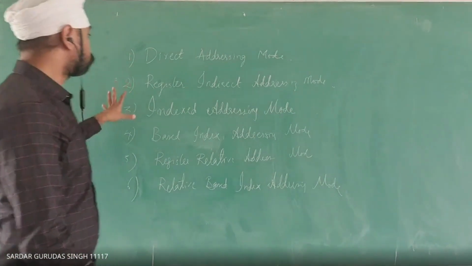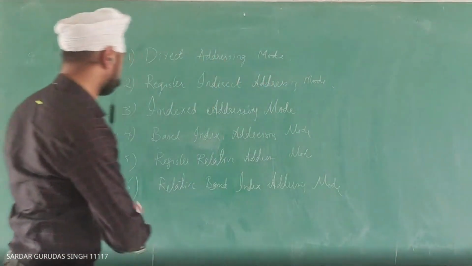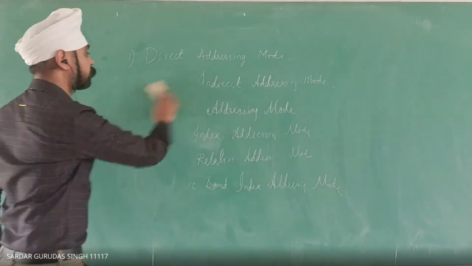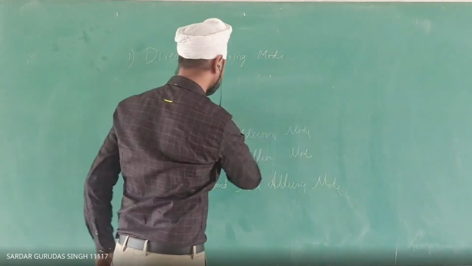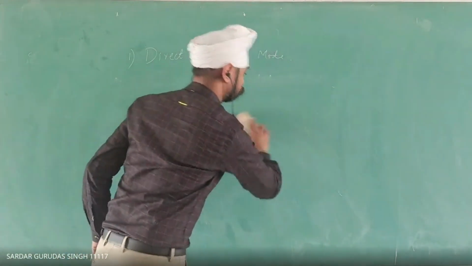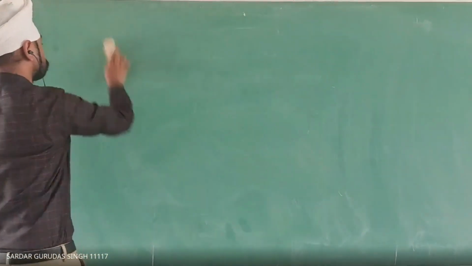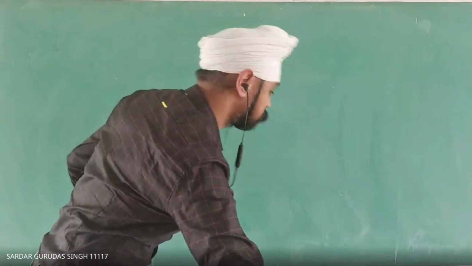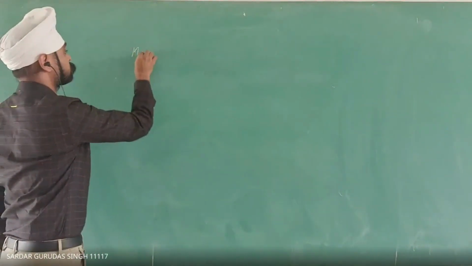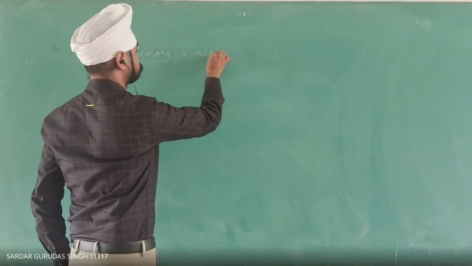Now let us discuss each one of them in detail. First one is direct addressing mode. Before we start this topic, we will try to understand how memory is accessed.